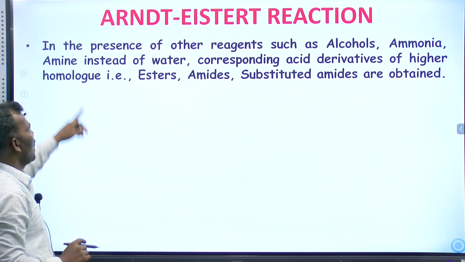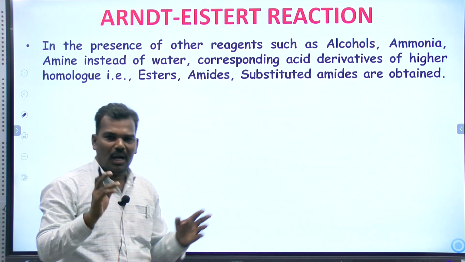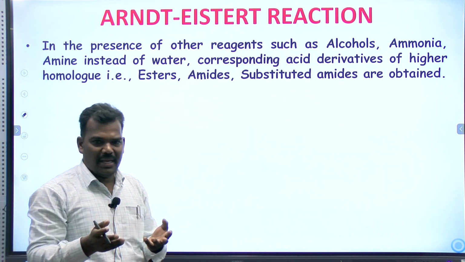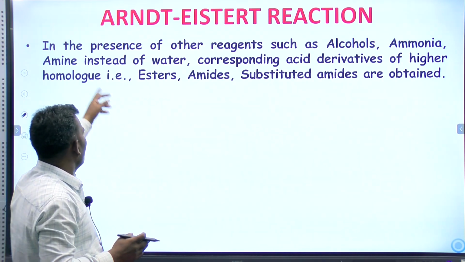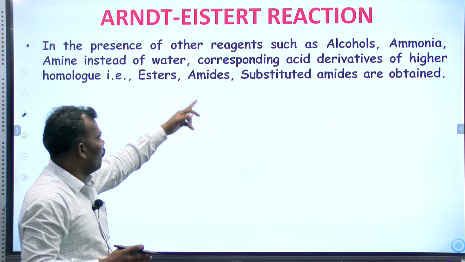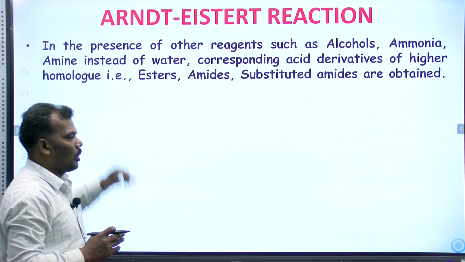Next, in the presence of other reagents such as alcohols, amines or ammonia instead of water, the corresponding acid derivatives of higher homologues are formed.